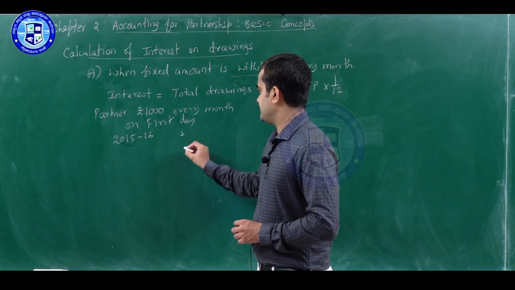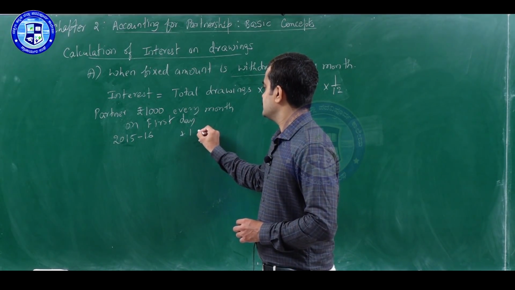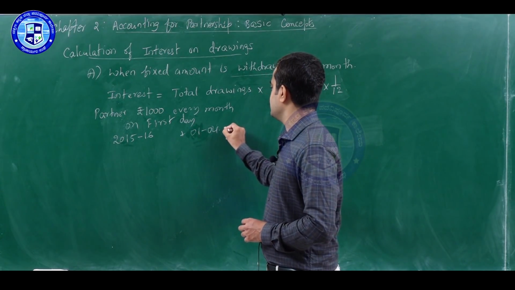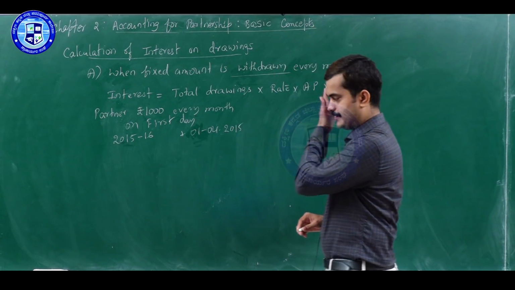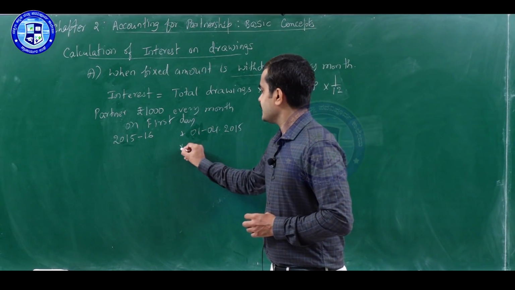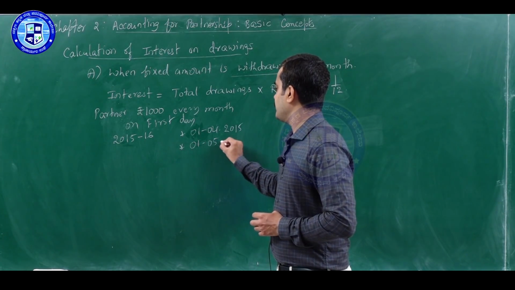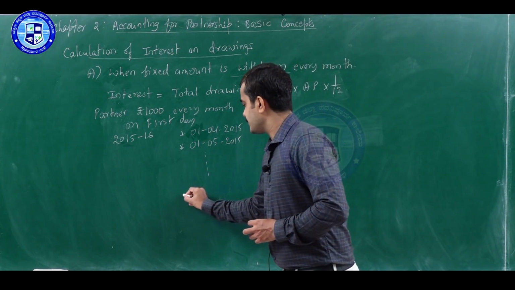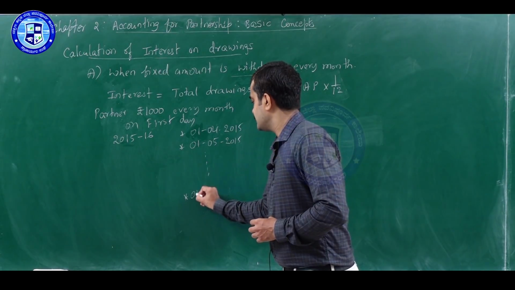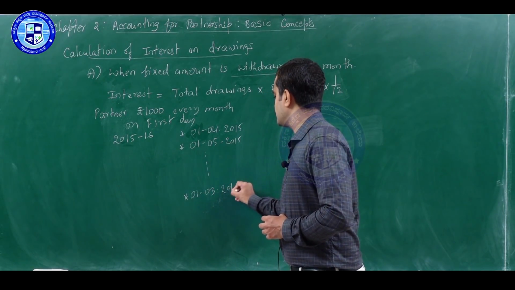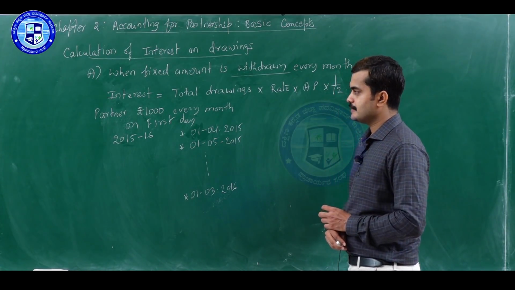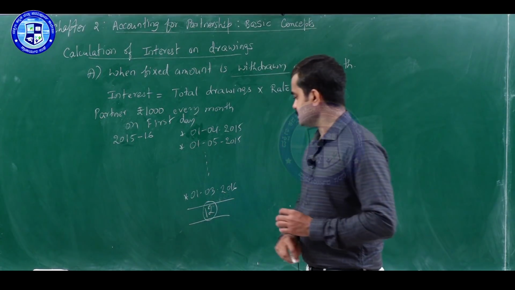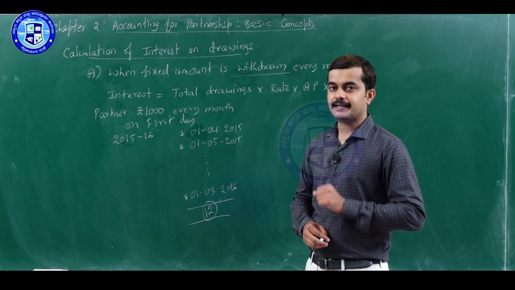First drawing will take place on 1st April 2015, second drawing 1st May 2015, and so on. And the last drawing will be on 1st March 2016. Therefore, there will be a total of 12 drawings in that accounting period.